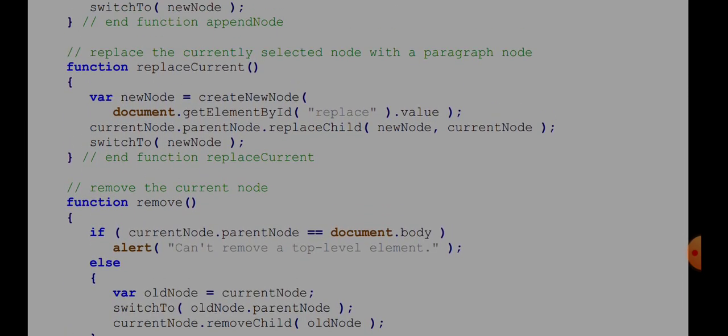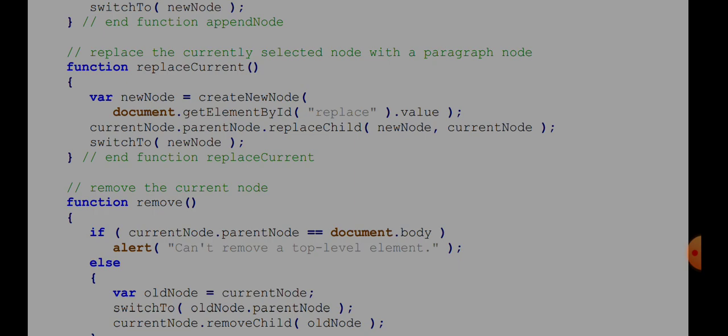Now the next function is replace current node, which is a user defined function. What will it do? It will replace the current node with the new node. Please make it clear. Its syntax is current node dot parent node dot replace child of new node comma current node.